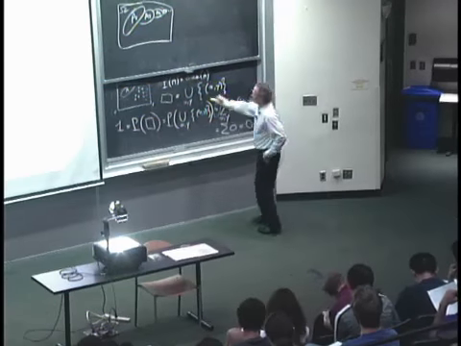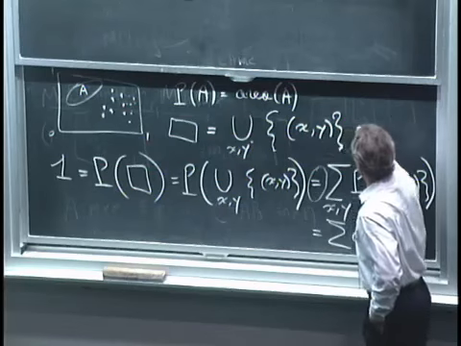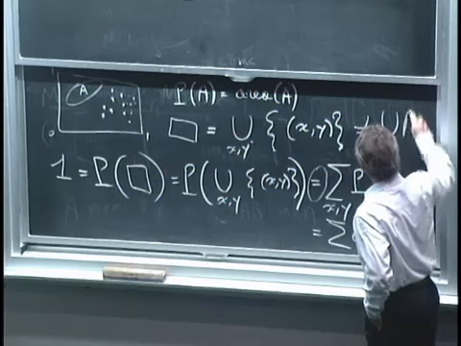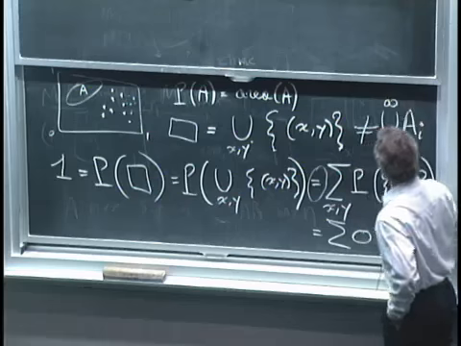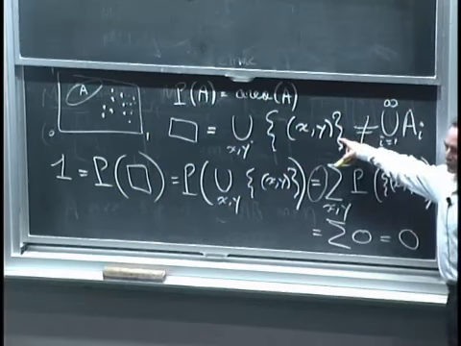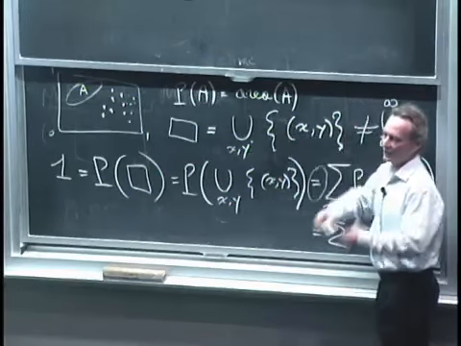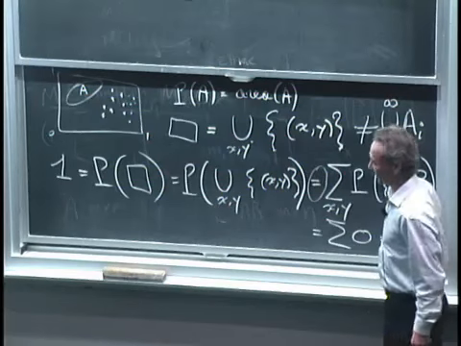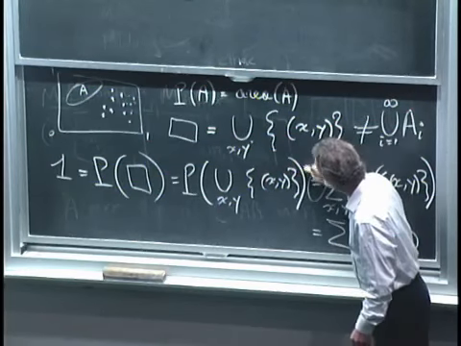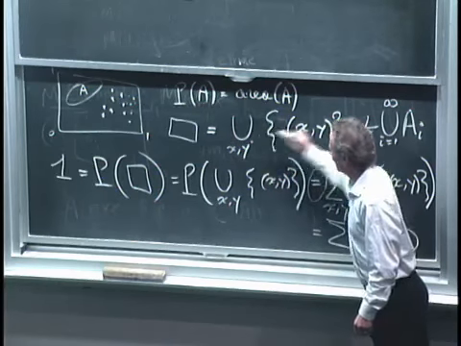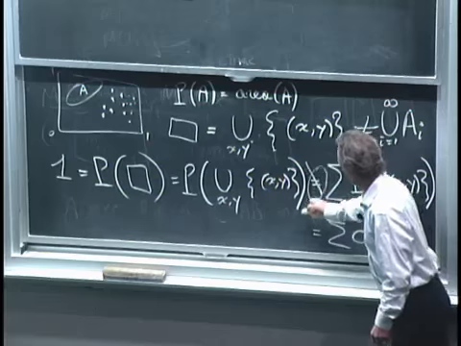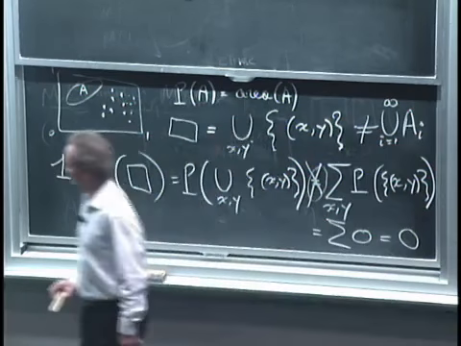So this union here is not of the kind where we would have a sequence of events. It's a different kind of union, involving many, many more sets. So the countable additivity axiom does not apply in this case because we're not dealing with a sequence of sets. And so this is the incorrect step.